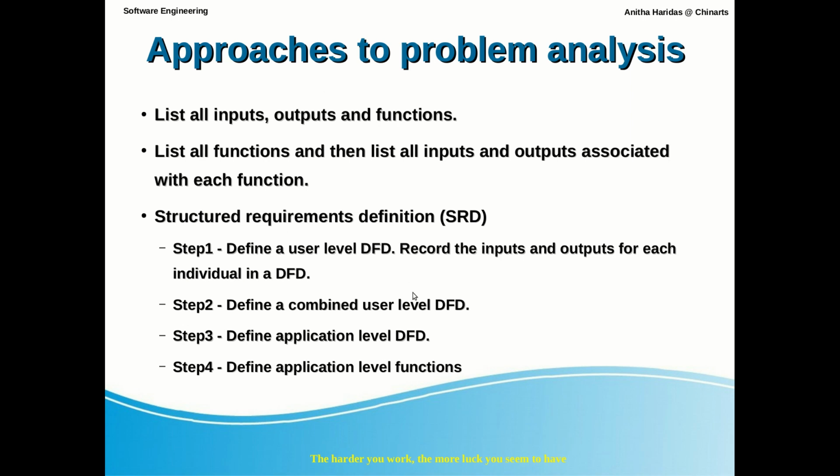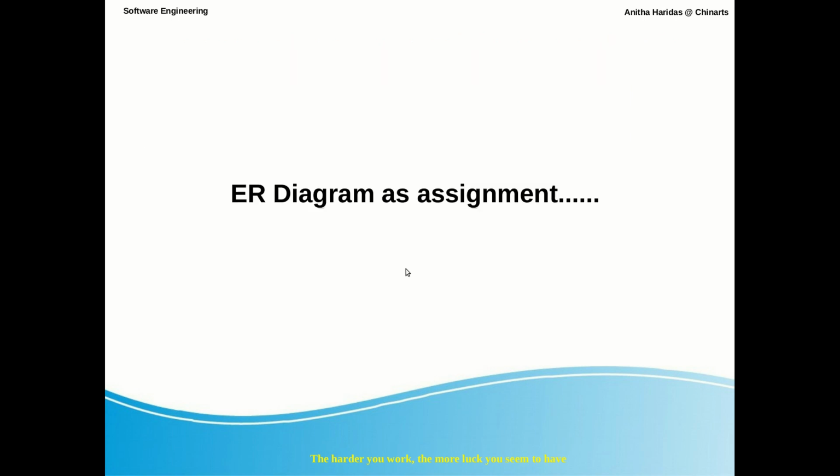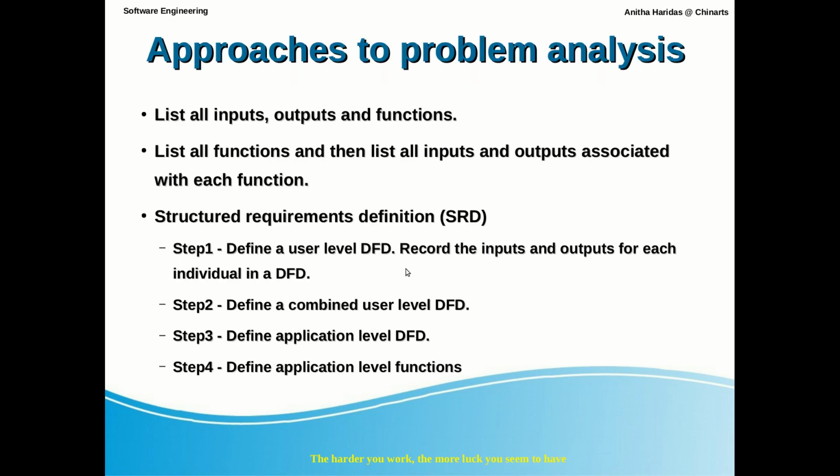So this is just to show you that when you analyze a problem, these are the different approaches that can be used. This is the kind of approach we are going to use for our requirement analysis also. Whatever we have discussed so far in requirement analysis is based on any of these three approaches for the analysis. This is just for your information.